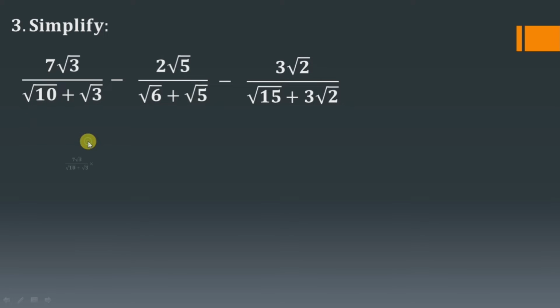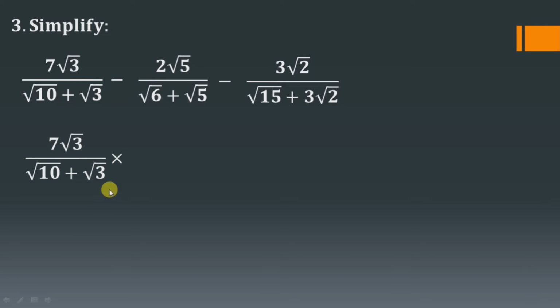So first I am going to simplify 7 root 3 divided by root 10 plus root 3 by rationalizing its denominator. To rationalize the denominator, I need to multiply numerator as well as denominator by root 10, instead of plus, I'll write minus root 3.